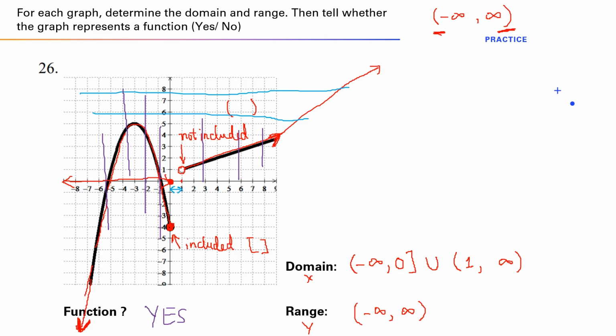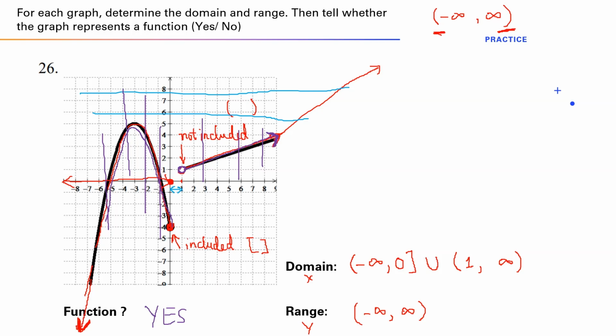It can include all types of graph we have, but it will be in pieces. So for this, on the right side there, we have a line, and then we have kind of like a parabola, a quadratic piece of graph, on the left side. So that's called a piecewise function.